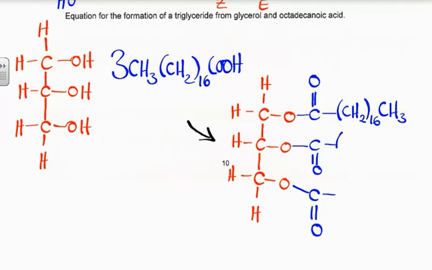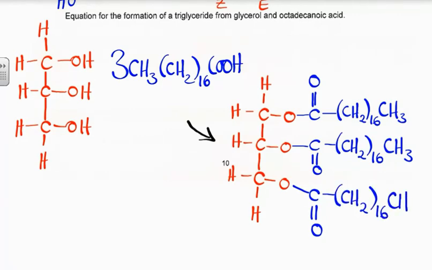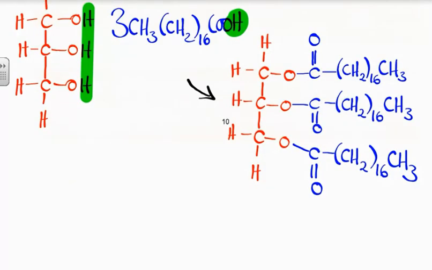So 16 CH2s and my CH3, and I've got that on each of the ester links. So that's the structure of my triglyceride, made from carboxylic acids that are each the same. Do I have another product? Yes, I do. At each of those points there has been a condensation reaction, so I get 3 waters as well.